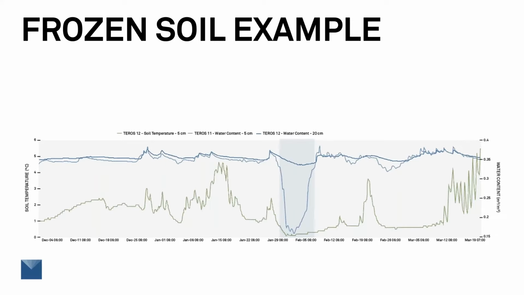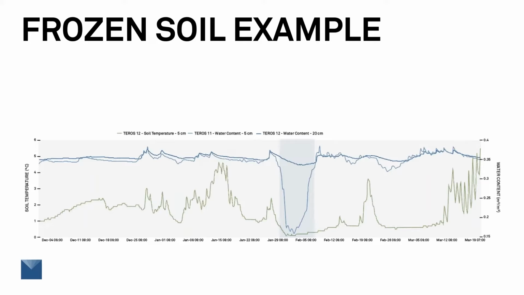So this is in a silt loam soil. It's actually buried here in our area. We have a silt loam soil here. We do freeze in the winter. We typically get a nice layering of snow, and it kind of comes and goes. And a lot of what we're seeing here, that green line that's going up and down, that's water content. But let me draw your eyes to the time here.